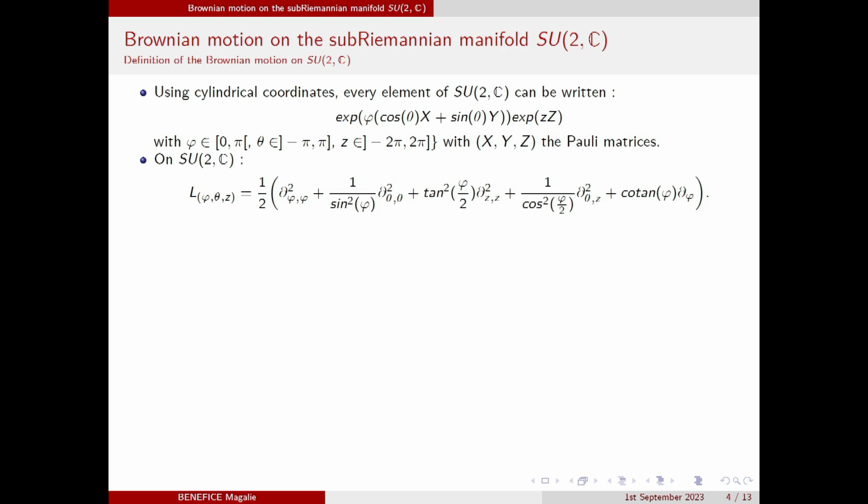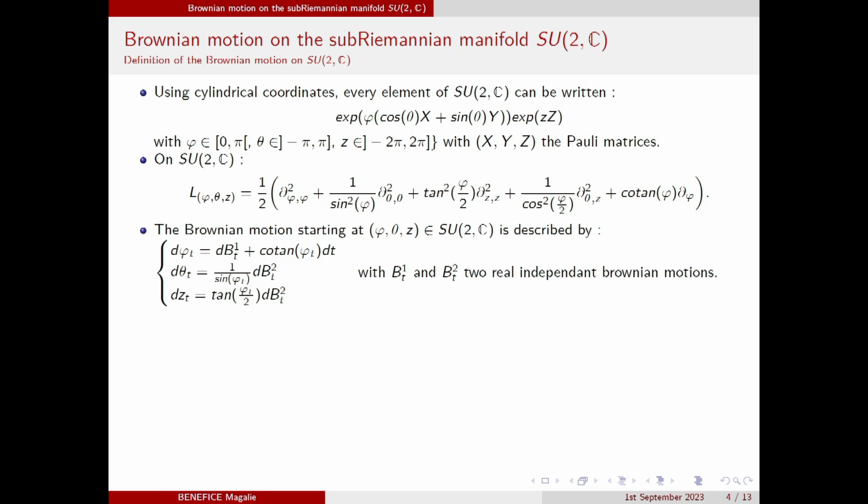And with the cylindrical coordinates, we can compute the sub-Laplacian operator, which is like that. And what is quite interesting is that if you omit the part with the z coordinate, you have the Laplace-Beltrami operator of the sphere S2, in cylindrical coordinates.